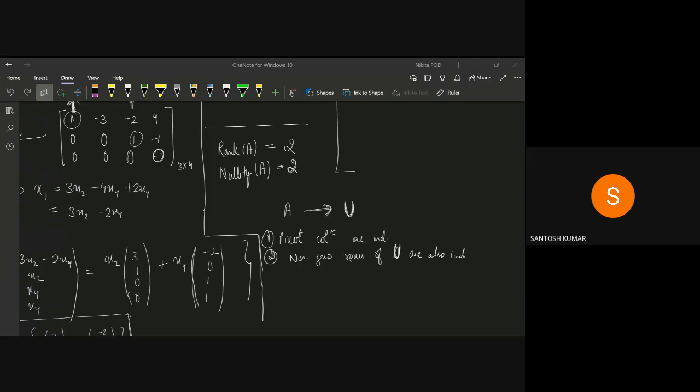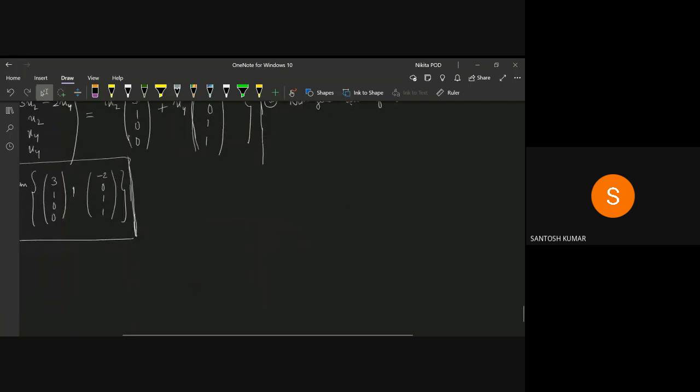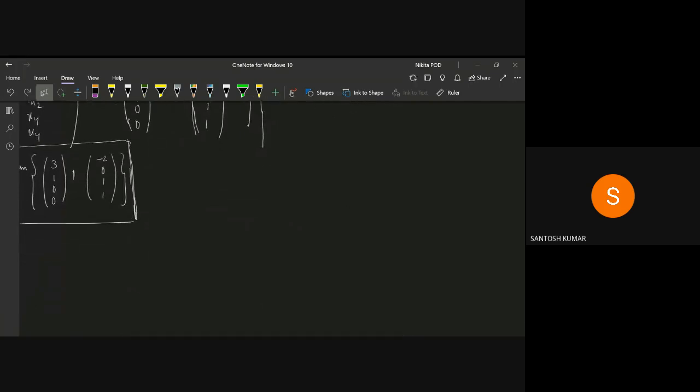So, madam, here again I have a question. Suppose we have taken a matrix 3 cross 4. So the null space belongs to R to the power 4, but here the dimension of null space is 2 only.